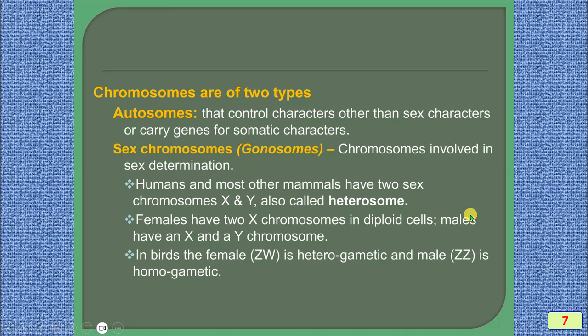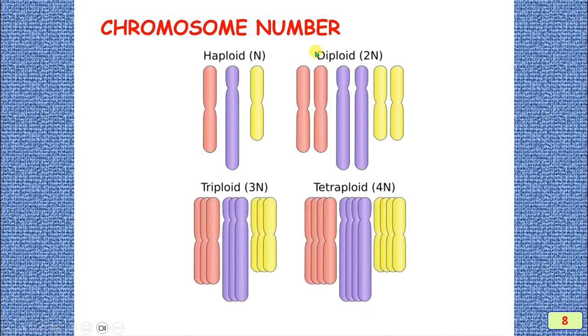Females have XX chromosomes in diploid cells. Males have X and Y chromosomes. In birds, the female is ZW, heterogametic, and the male is ZZ, homogametic. So this is the chromosome number chart.